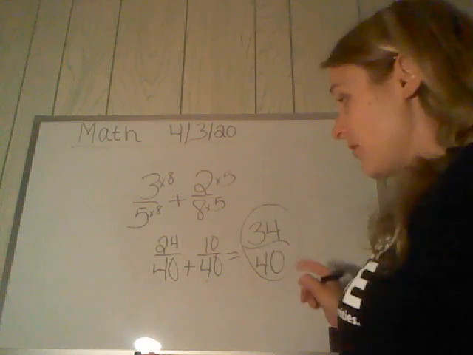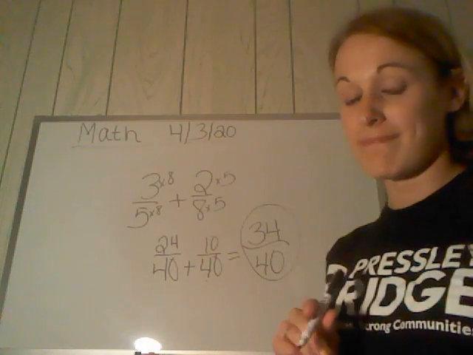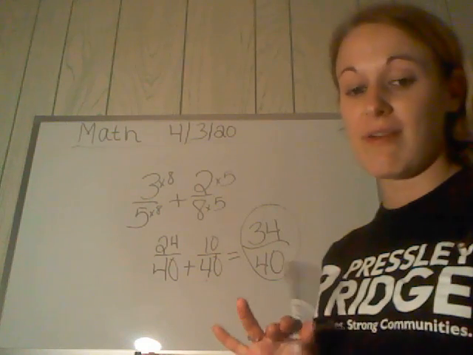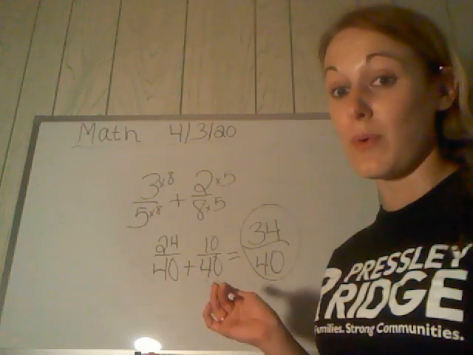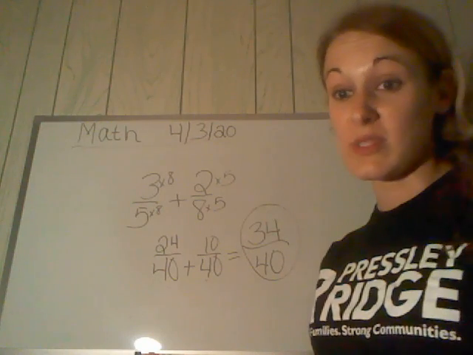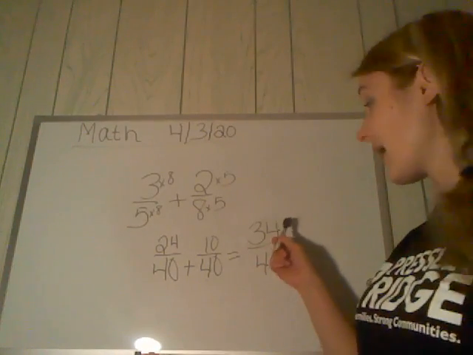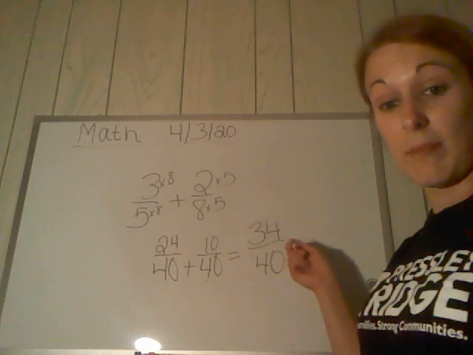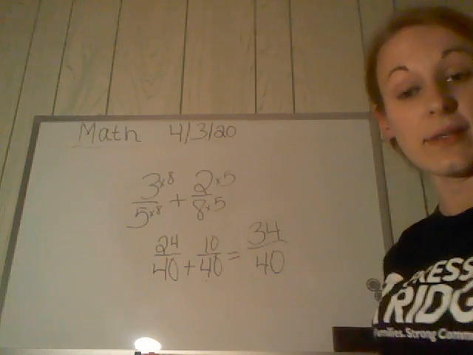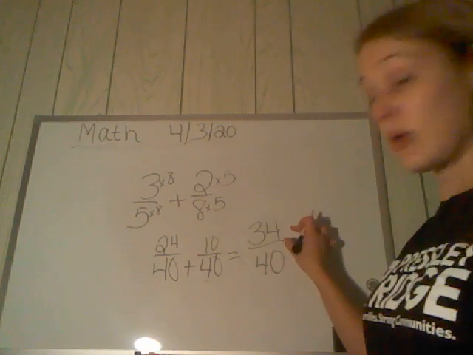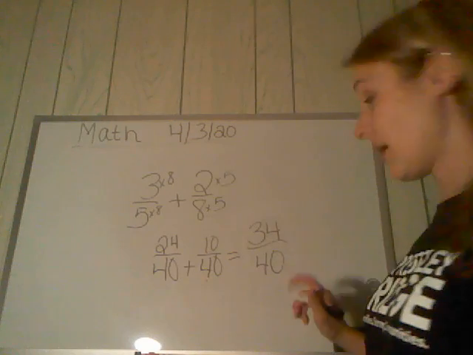However, if you look at it, it can be reduced. What can it be reduced by? We're going to find a common multiple to put that in simplest form. So remember, if they end in an even number, 9 chances out of 10, you're going to be able to divide it by an even number.